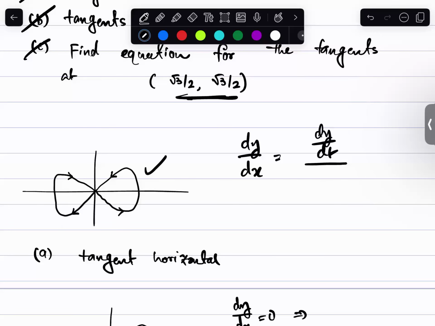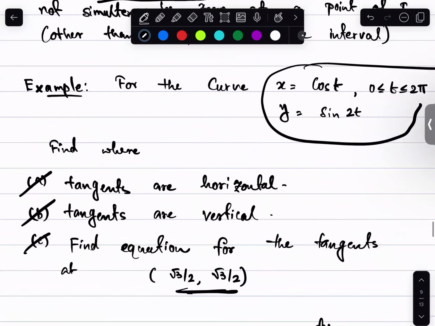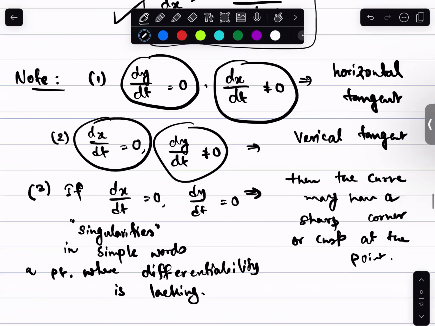So the first thing that we need to do to see where the tangents are horizontal or vertical is to get the expression dy dx. And this is the formula that I mentioned, chain rule. And if I evaluate that, I'll get this quantity. Now for tangent horizontal, if I go back, I have to have dy dt to be 0 and dx dt to be non-zero simultaneously.